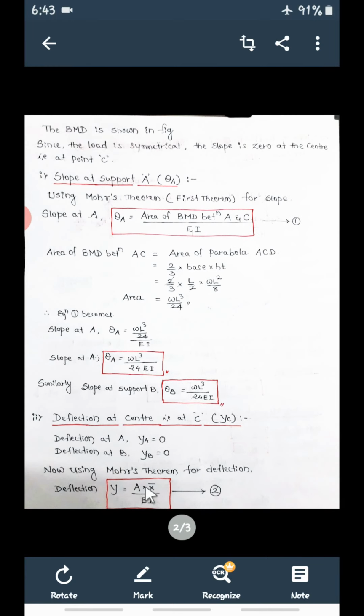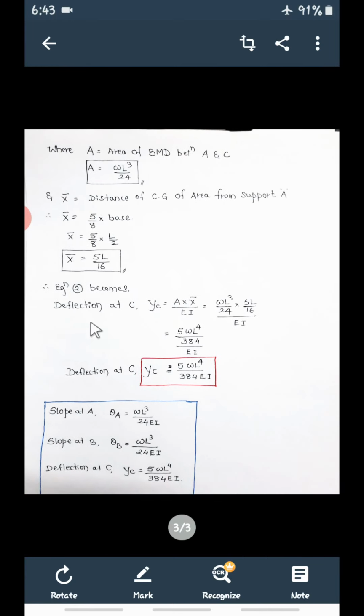YC is equal to A into X bar divided by EI. So area WL cube by 24 into X bar, 5L by 16, divided by EI.